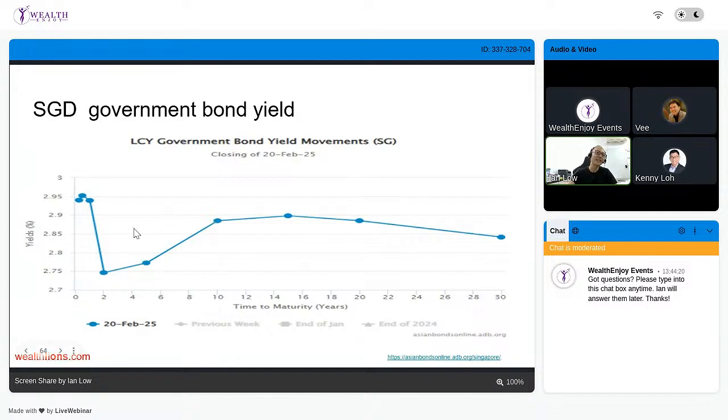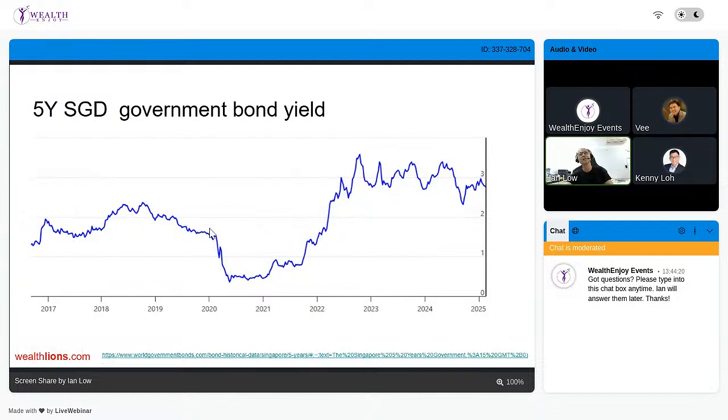Having said that, I go back here again. I expect this to go up and I expect this to come down, because it will go from an inverted to a normal yield curve. So it's just a matter of time. So what's the impact?